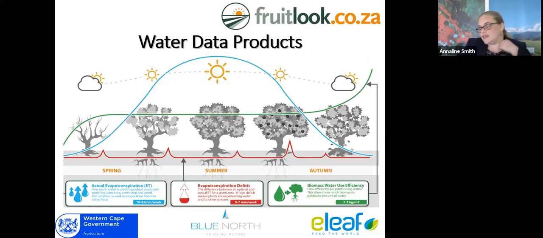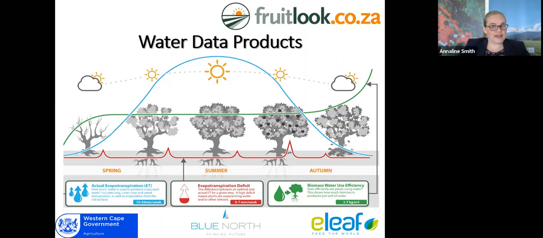And how we calculate the ET deficit is we have this actual evapotranspiration, which is an actual value, and then we have a potential evapotranspiration, which is more of a theoretical value. We calculate this potential evapotranspiration as how much water would have been used under optimal growth conditions. And then the deviation between this potential and the actual is seen as your ET deficit.